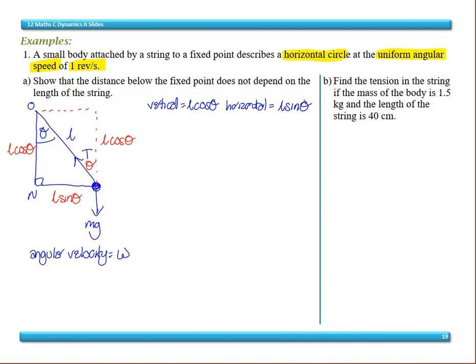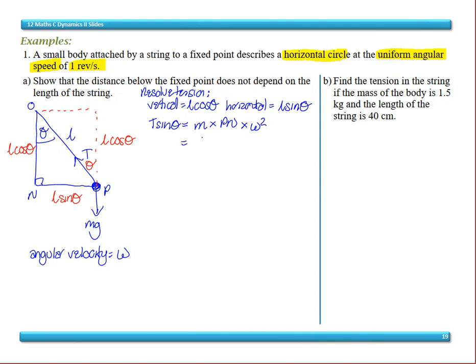So that's resolving tension. Okay, so T sine theta is going to equal our mass times, I'll put in the point P, the distance PN, which would be the radius if you're thinking about the circle, times omega squared.